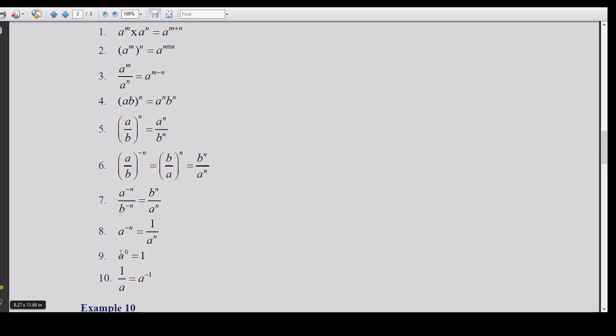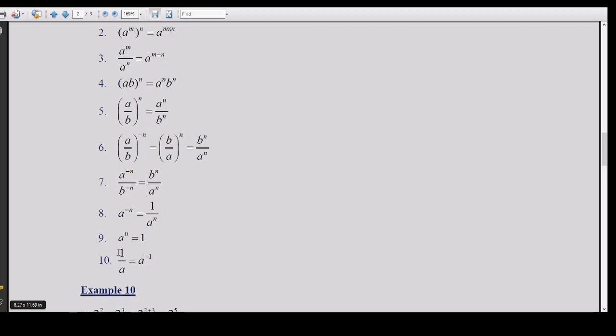That means if any base has the power of 0, then it is equal to 1. Then 1 by a is equal to a^(-1), because a has power 1. If you bring the denominator to the numerator, the power will become negative. Plus will become minus.